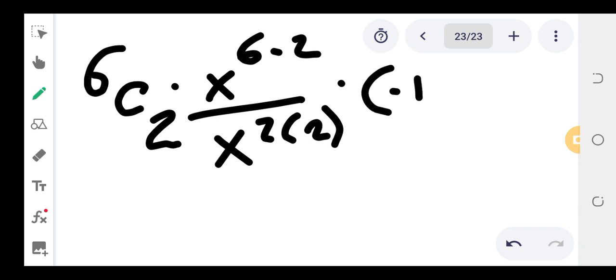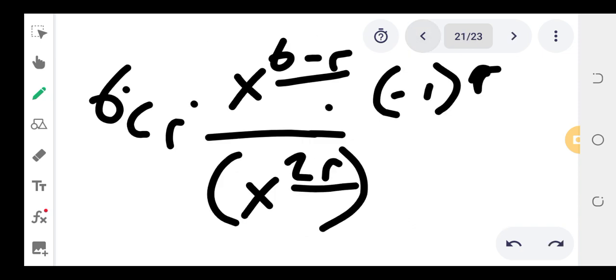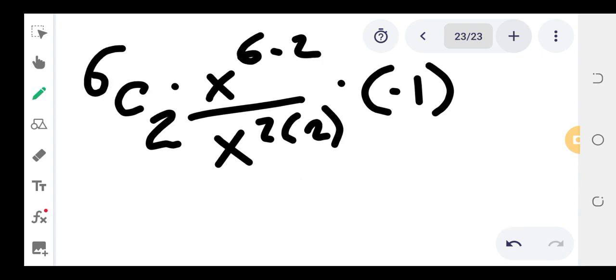I had to include this negative 1 in my expansion because it determines the sign that I'll get for my answer. The one in bracket was raised to the power r. So you now see how important it is.